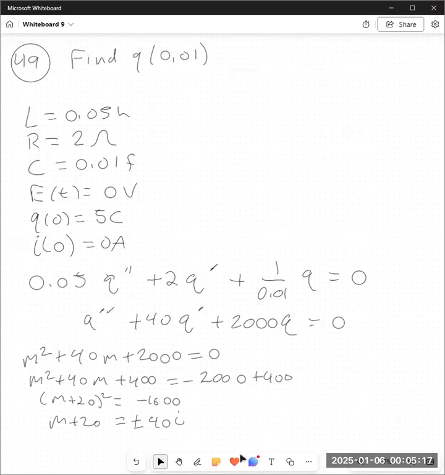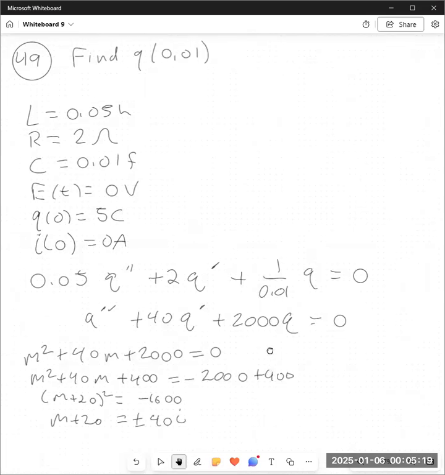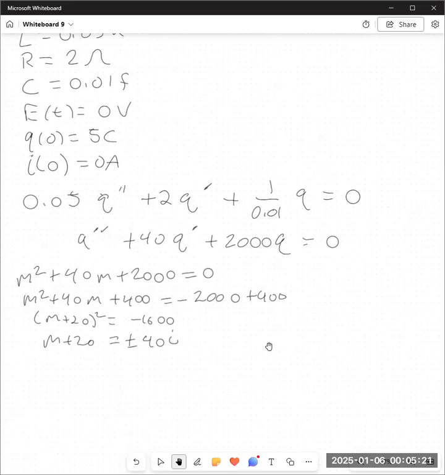This isn't complementary because it's a homogeneous equation. All right, let me finish this up. m is equal to negative 20 plus or minus 40i.